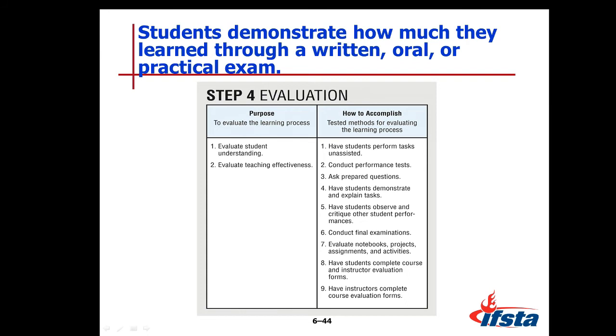Ask prepared questions. Have students demonstrate and explain tasks. Have students observe and critique other student performances. Conduct final examinations, evaluate notebooks, projects, assignments, and activities, have students complete the course and instructor evaluation forms, and have instructors complete the course evaluation forms themselves.